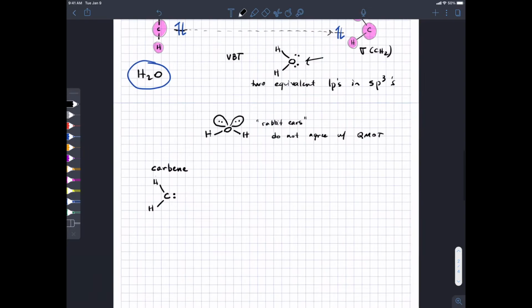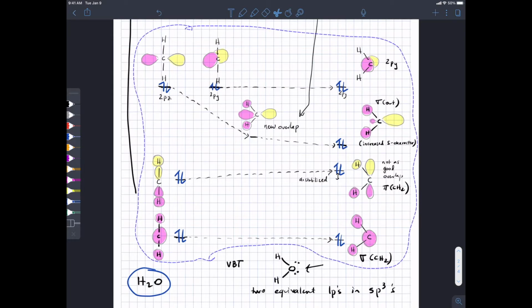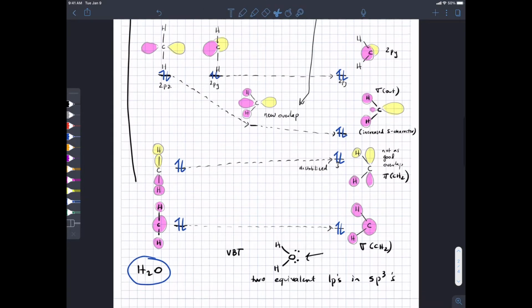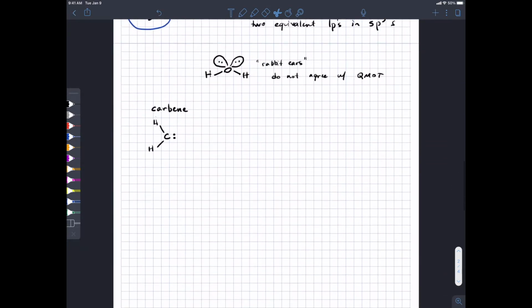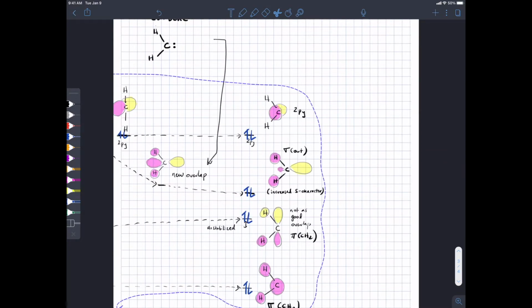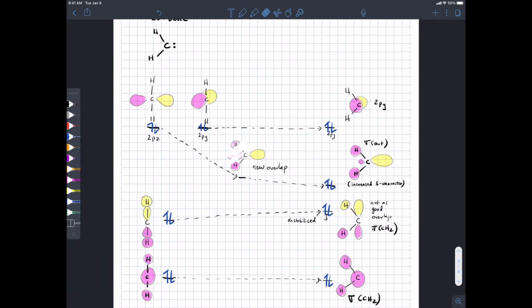Let's take the orbital picture we just did. I'm going to copy it again. If you're wanting to follow along in your notes, don't worry about drawing the orbitals, just draw the lines where we have them and put the names nearby. And for simplicity, I'm going to erase this stage in the middle.